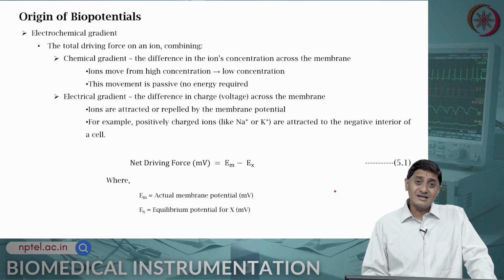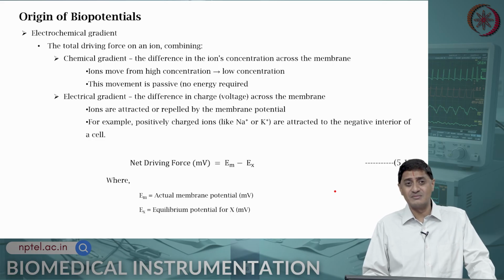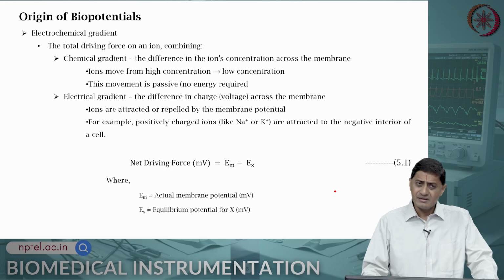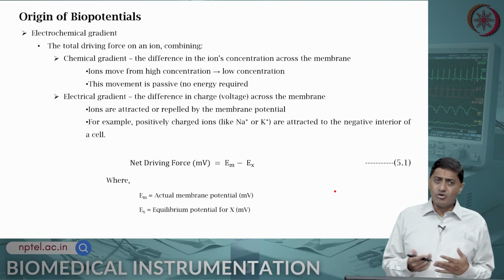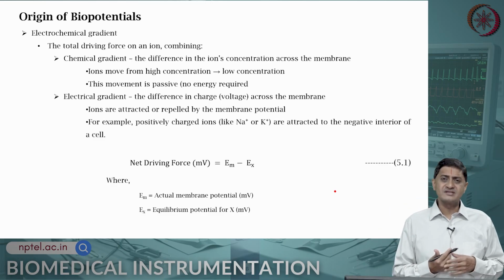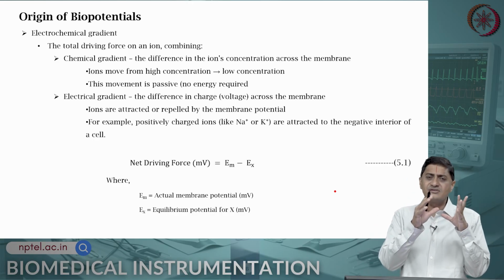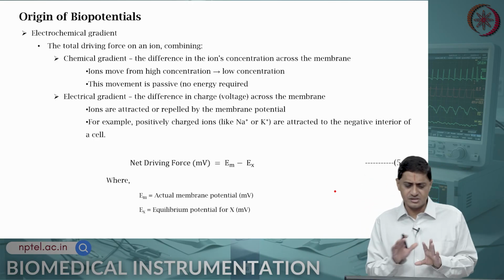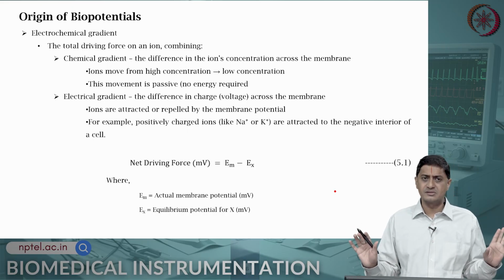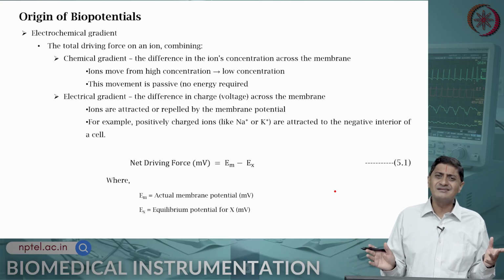So there is a concentration gradient, that is, ion concentration exists across the cell membrane or the plasma membrane. Naturally, from high school chemistry and physics, the movement of the ions will be from a region of high concentration to a region of low concentration. This is not going to require any sort of energy or a push.